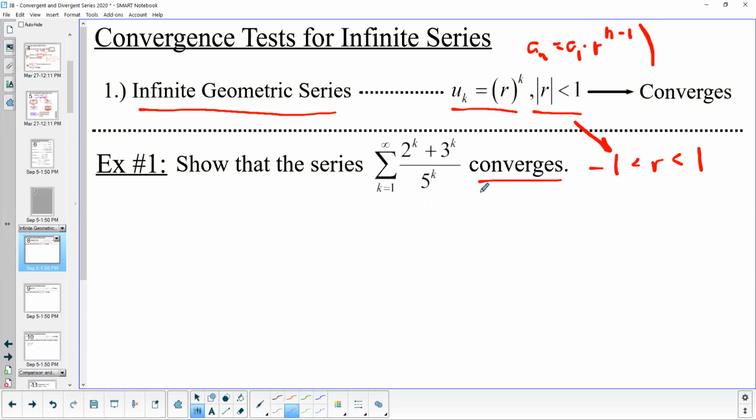And so, like with many of the problems we've done over these 2 years, if you have a single term on bottom, you are allowed to split the fraction. And so we can rewrite this as the sum from k equals 1 to infinity of 2 to the k over 5 to the k plus 3 to the k over 5 to the k.